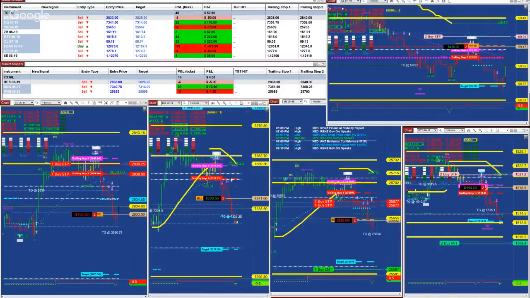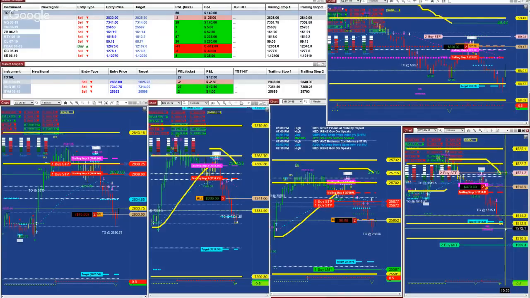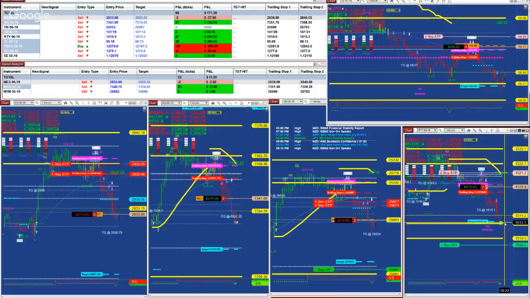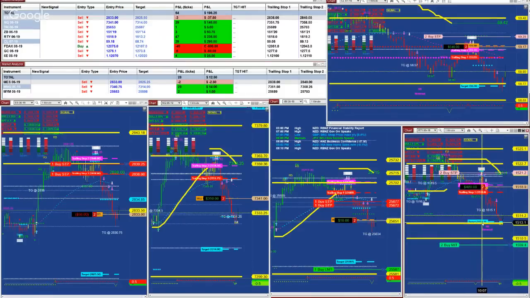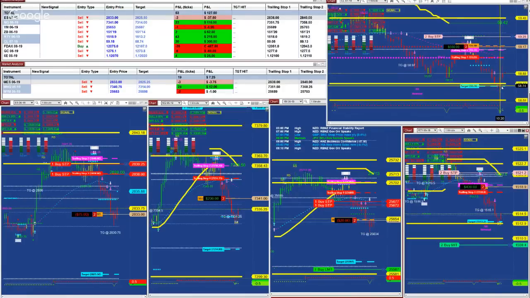Okay, guys, look at this. The Russell hit the target, right to the target. Look at the Russell, and followed by a reversal. I don't know if you can see that. Your reversals are not a repaint, and it came in exactly at the target. The CL came in exactly at your target. This is not a replay.